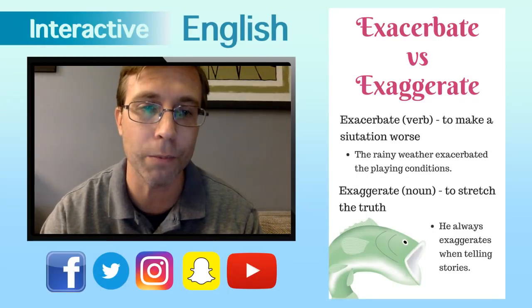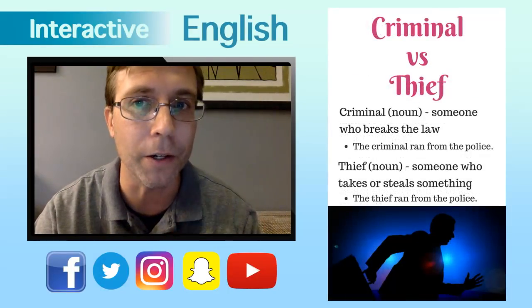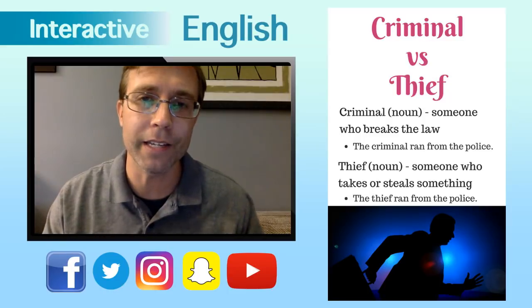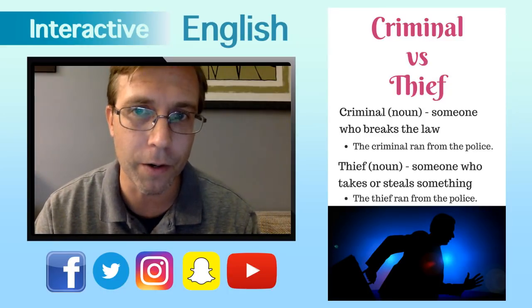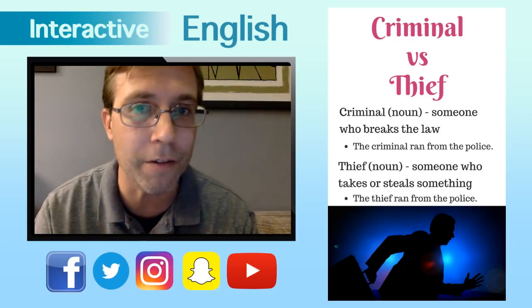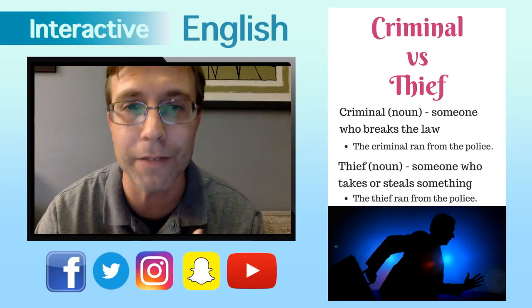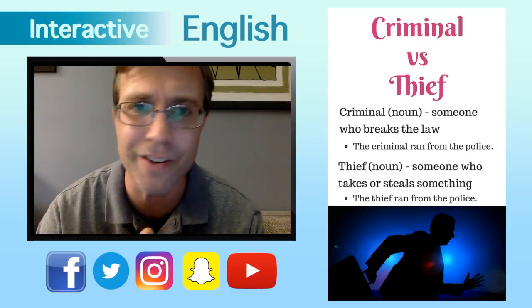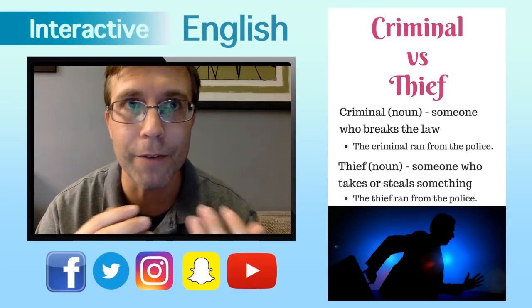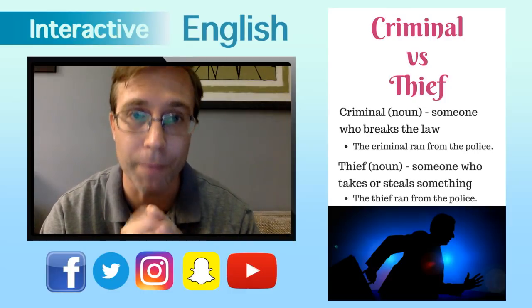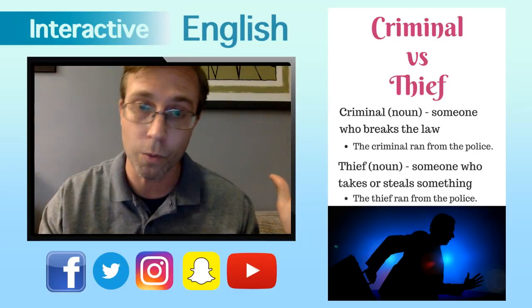Let's look at this one. This is an easy one, I think. Okay. It is easier. Criminal and thief. This can be confused though, because a lot of times people think they're synonyms and they're not necessarily synonyms. All right. Again, think of it as you have a criminal, which is a broad word.